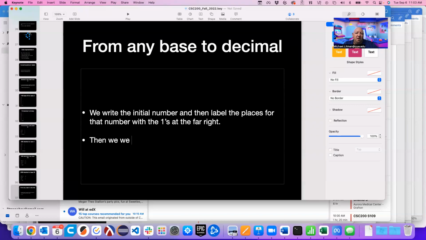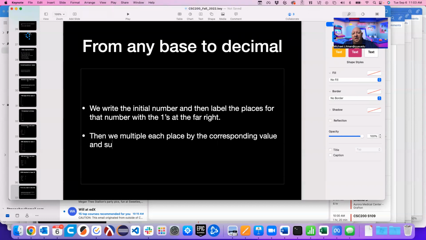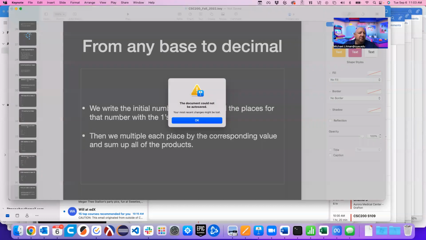Then we multiply each place by the corresponding value and sum up all of the products. You're going to see this by example.